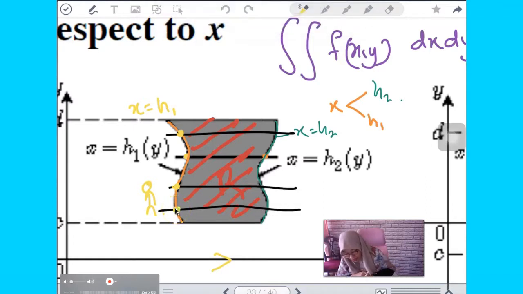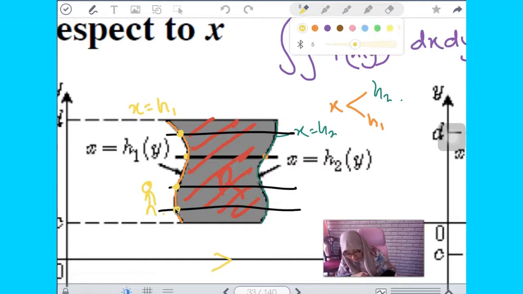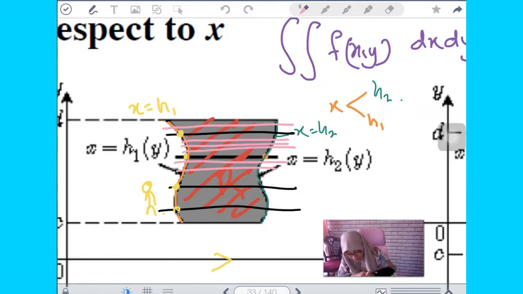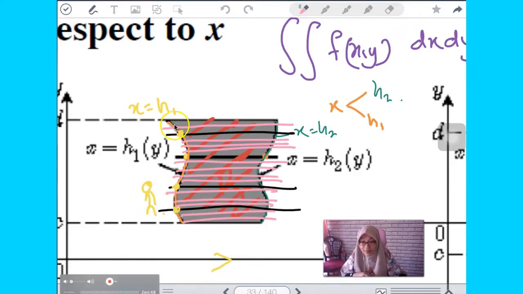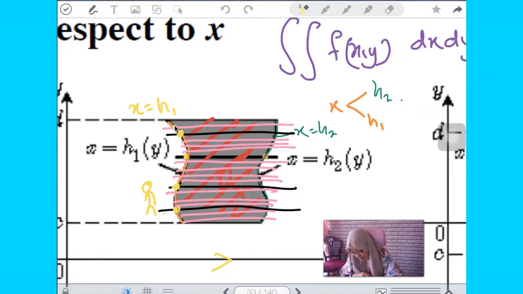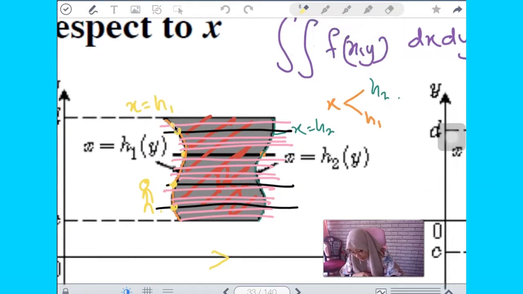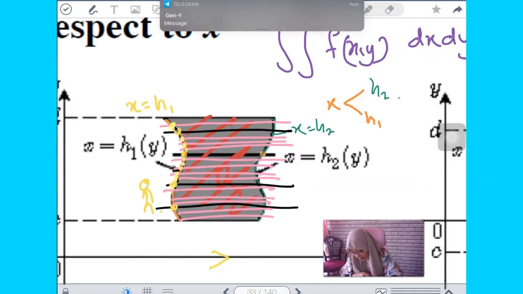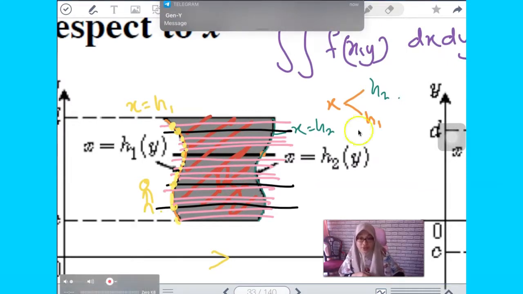And imagine that you have very many, what color? Pink. Yeah, pink. Let's say you have very many lines on the region. They are all starting at a similar point, all over the curve which belongs to h1.